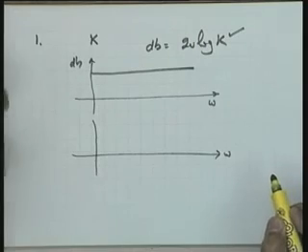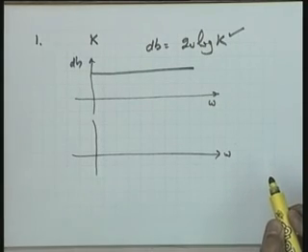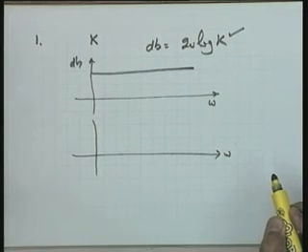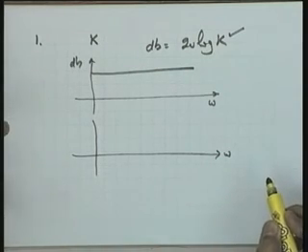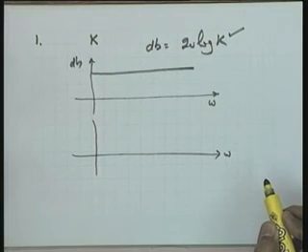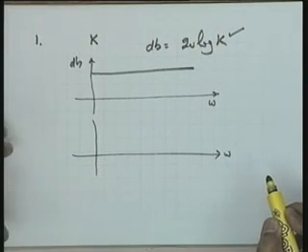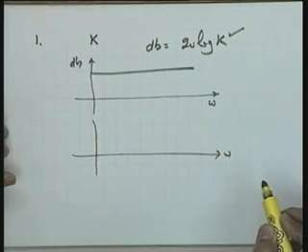Since I have made this axis, let me tell you that our primary concern in studying the Bode plot today is regarding stability. And as you have seen that from the Nyquist stability criterion, I am more interested in 180 degrees axis, particularly minus 180 degrees, let me call it.